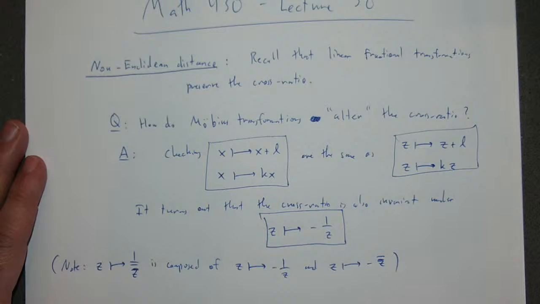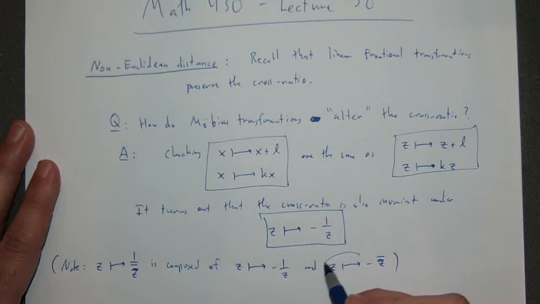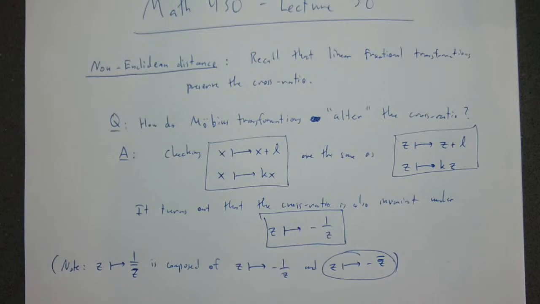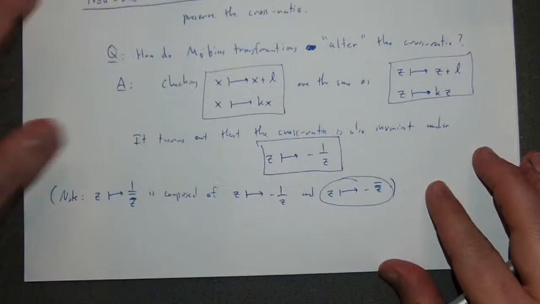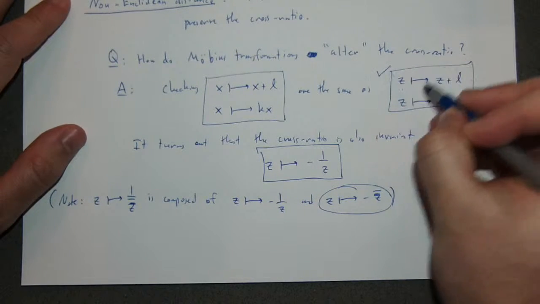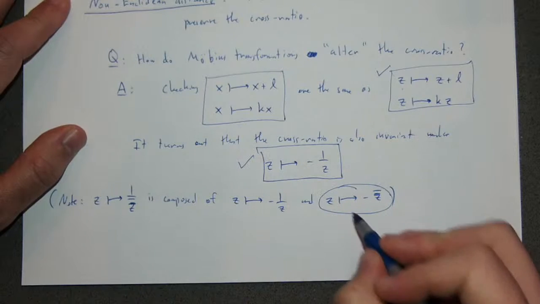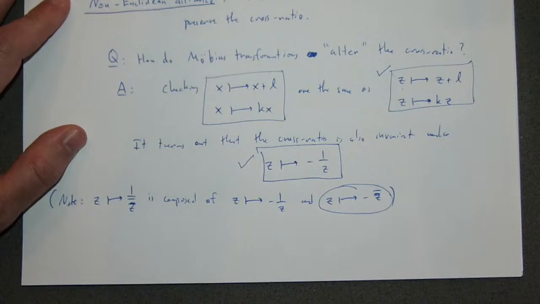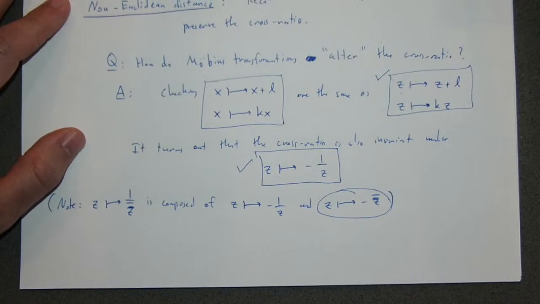So the last thing we need to have generated everything here is this one. Unfortunately, the cross ratio is not invariant with respect to this transformation. So everything I've boxed here is good. This one is not. But not all hope is lost, because it doesn't do something random.